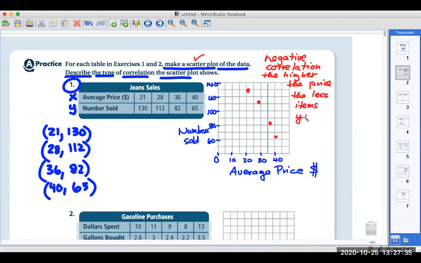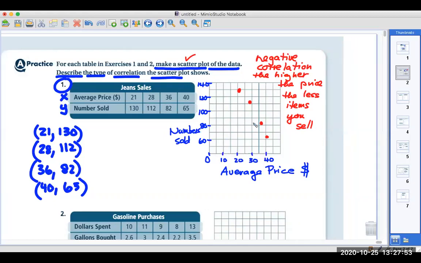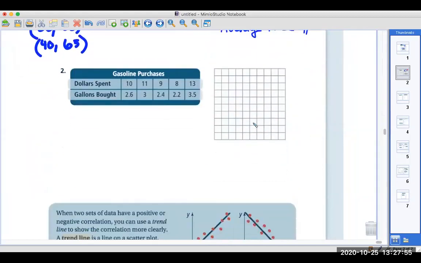And that is a business consideration when you make a product. Am I making it cheap or expensive? So if I make it cheap, a lot of people can buy it. If I make it expensive, only a few select people can buy it. That's kind of the stuff businesses consider. So this is the question answer totally.